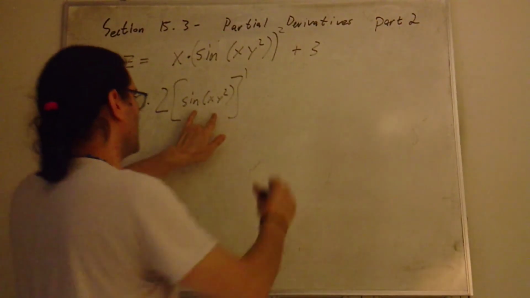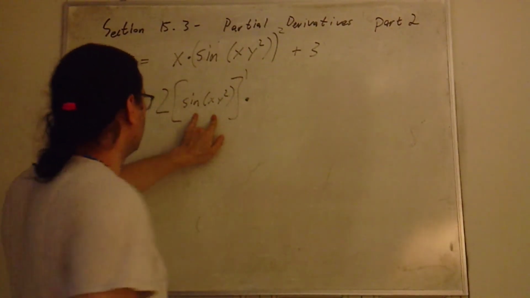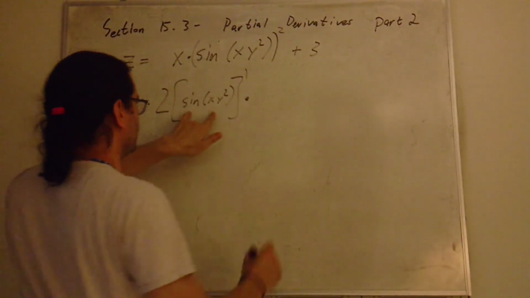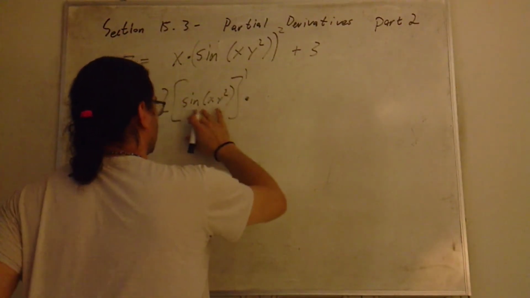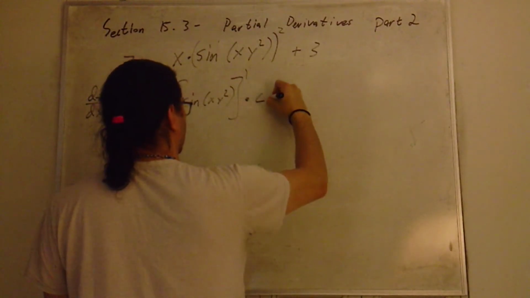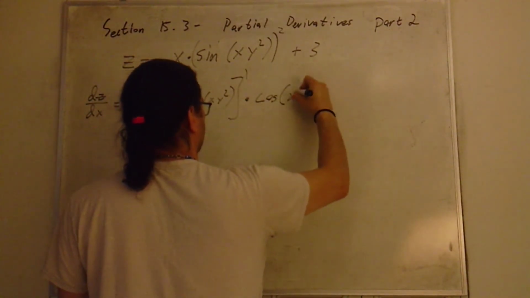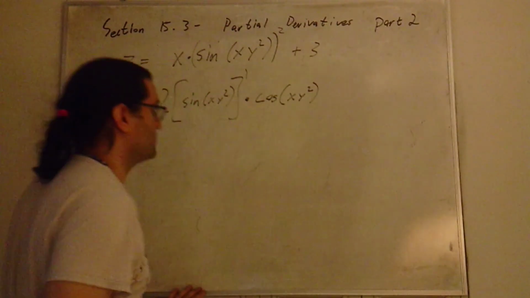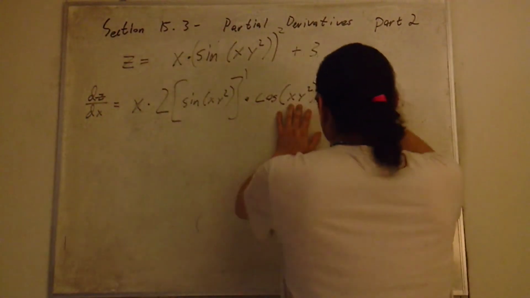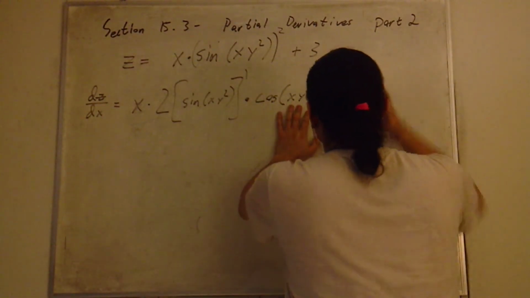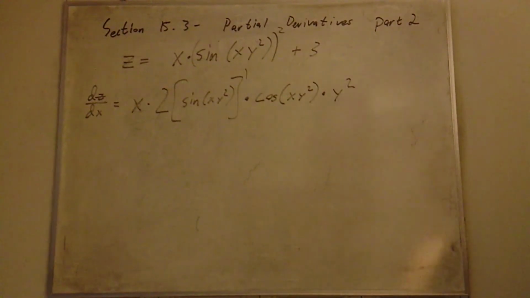And then I have to multiply that by the derivative of the inside. The inside is the sine of something, so the derivative of that should be the cosine of xy squared. And then I have to multiply that by the derivative of the inside of this, which is just y squared. So that's a weird looking mess, and I don't want to do a second derivative of that, so I won't.